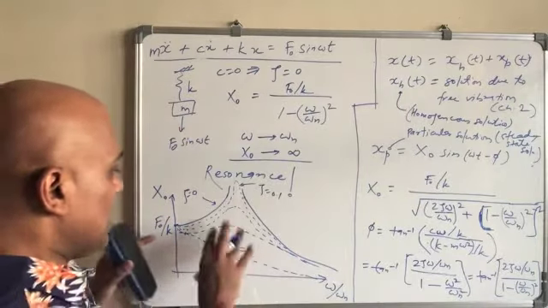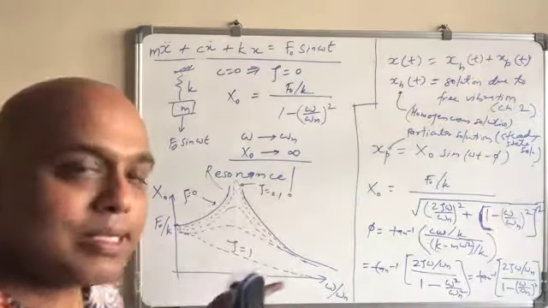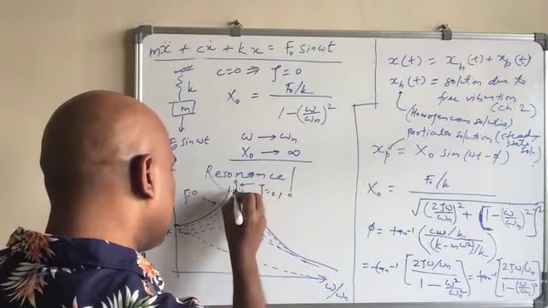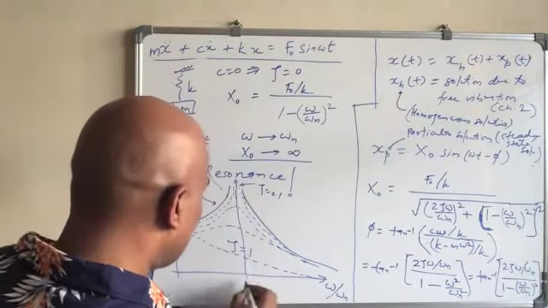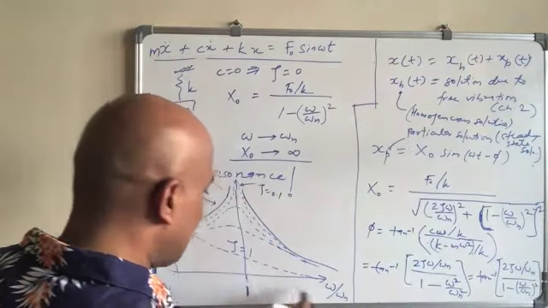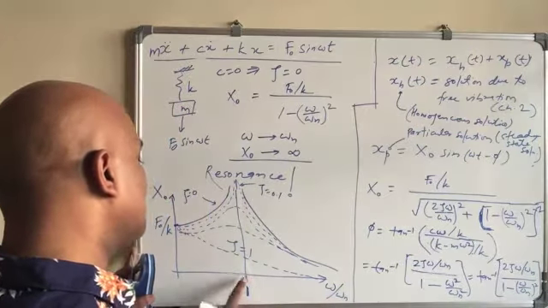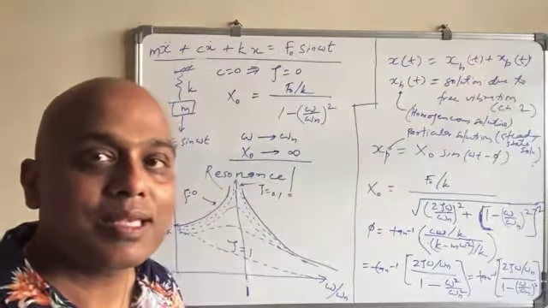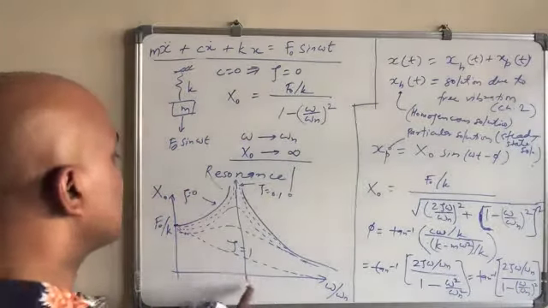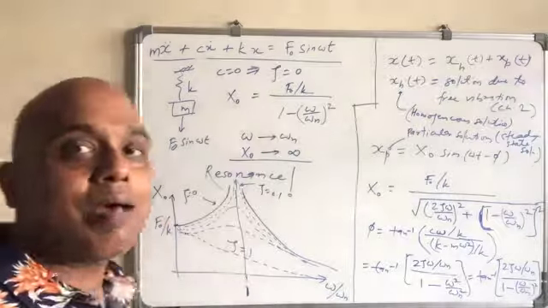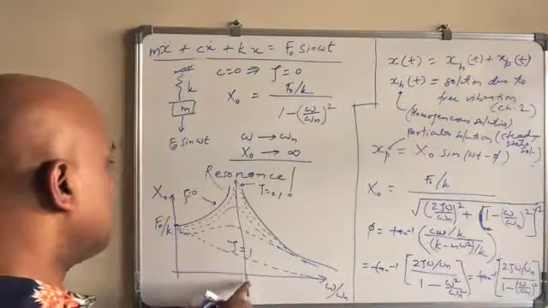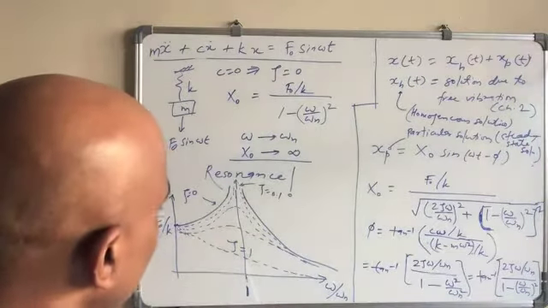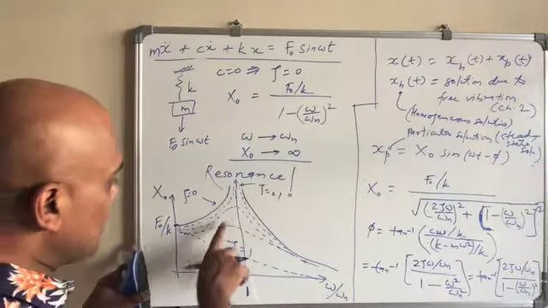So what you see here is, if zeta is small, then at omega over omega n equal to 1 you will see a big jump in the amplitude. That is the meaning of that, and it depends on zeta.